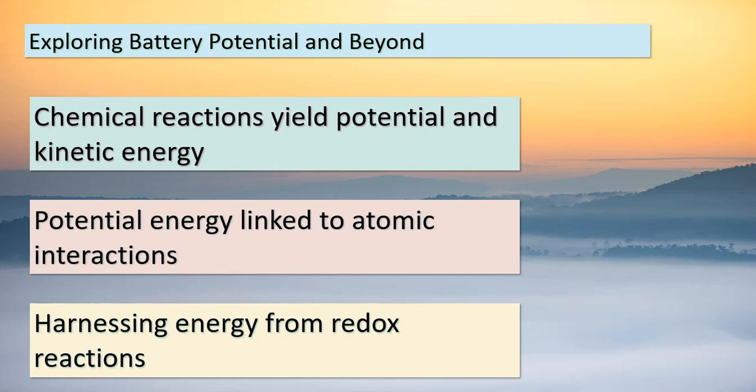Remember that energy can exist in different forms, potential and kinetic. In the realm of batteries, potential energy is closely tied to the interactions happening at the atomic level. When we harness energy from redox reactions, we're tapping into this potential energy reservoir. It's the conversion of this stored energy that powers our devices, from the smallest gadgets to the most advanced technologies.